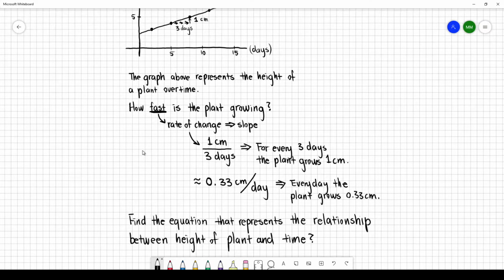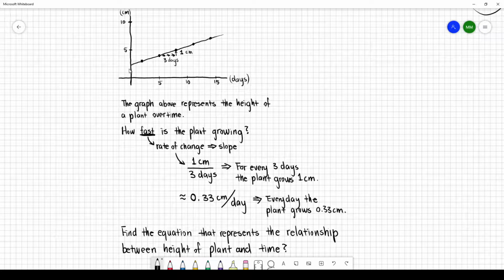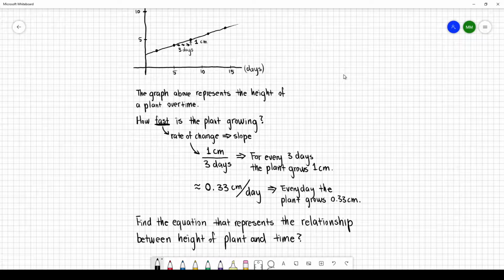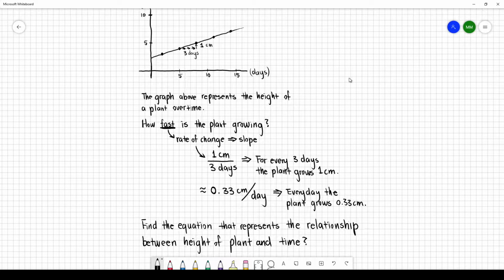So the x-axis is the time and the y-axis is the height. And so you essentially find the equation that ties those two variables together.